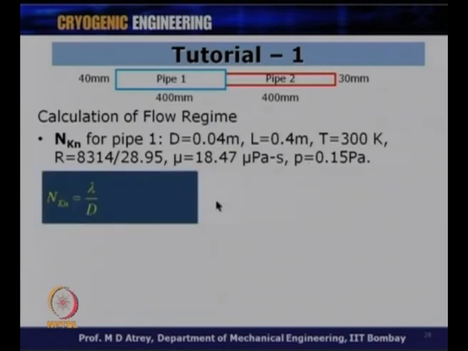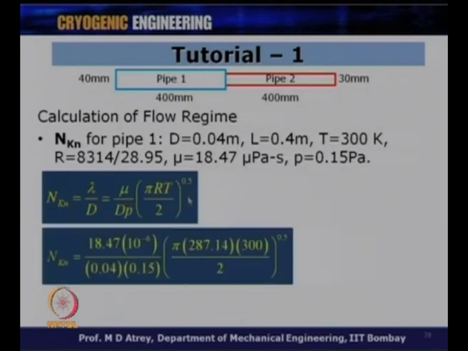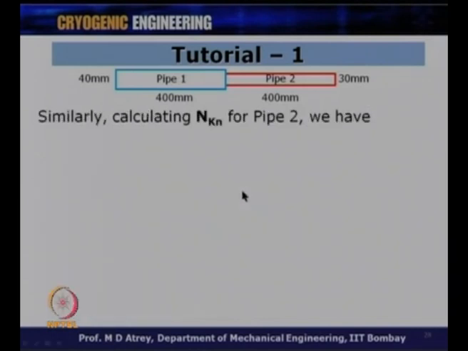All right. So, the Knudsen number calculation is lambda by D, this is the expression. Put those values all over here and I get Knudsen number equal to 1.132, which means I am in the free molecule region because Knudsen number is more than 0.3. Similarly, I can do it for pipe 2 also.